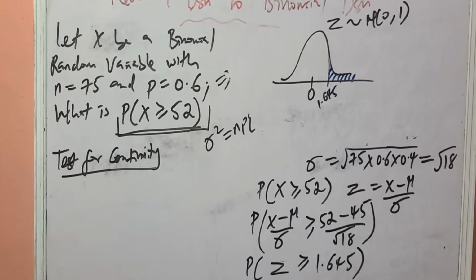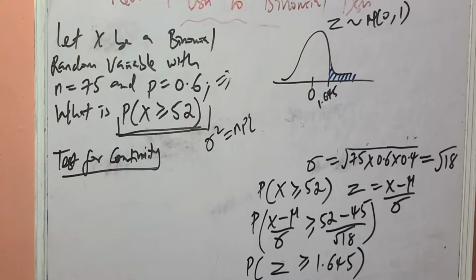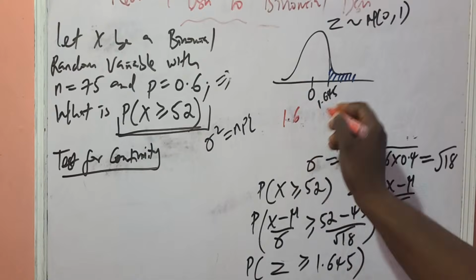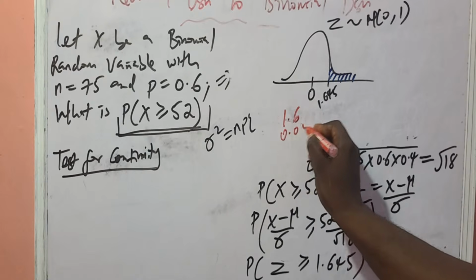Okay, many of you, I can see 0.495, somebody says 0.443. All right, for you to check this, of course, you want to go to your table and you want to be looking for 1.6 under 0.04.